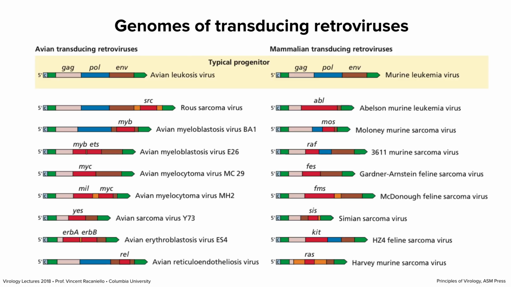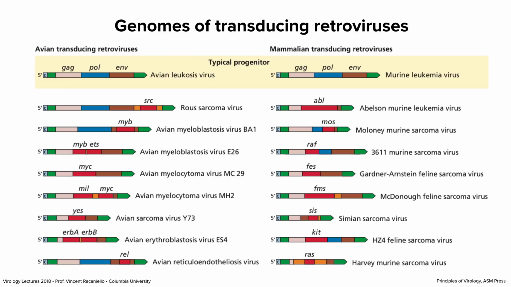You can do the same experiment with other animals, and people began to do that. Here are some mammalian transducing retroviruses. Same idea. You find a tumor in some animal, a mouse, and you isolate the virus. So here we have murine leukemia virus, which is the progenitor for many of these viruses.